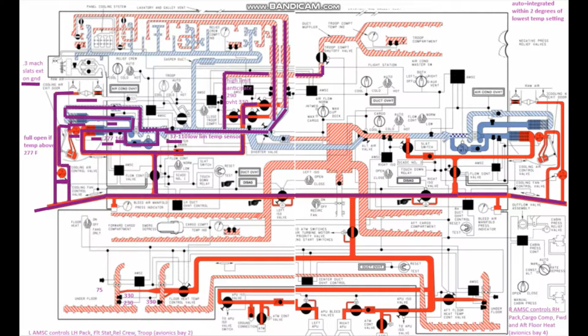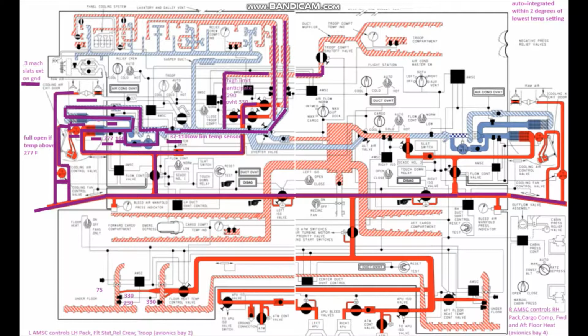Now the way this system works is, if we have cold air coming into this duct and we want to increase the temperature, then increasing the temperature up in the flight engineer station is going to tell the AMSC that we want approximately 80 degrees in the flight deck for whatever reason. At that point, the AMSC will start cracking open.